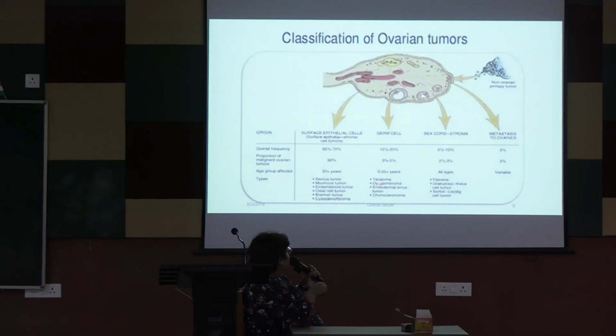In the germ cell category, teratoma, dysgerminoma, and then choriocarcinoma, these all come under the germ cell tumors. And thecoma, fibroma, Sertoli-Leydig cell tumors, granulosa cell tumors, these all come under the sex cord-stromal tumors. And then the metastatic tumors to the ovary. Metastasis is rare, and it can come from various other tumors.